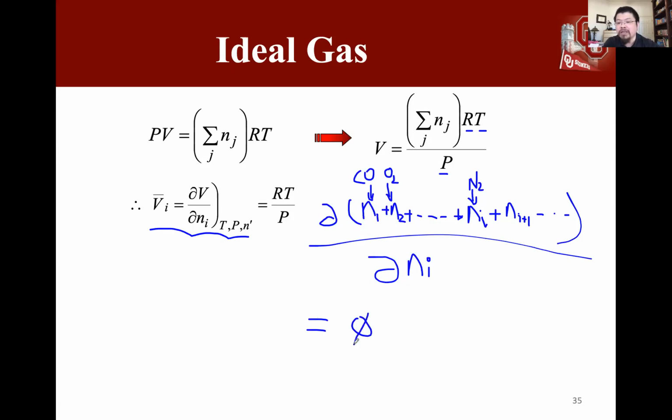They are independent of each other. So I'm going to have lots of zeros because those species are independent of each other. The only non-zero term would be this one, right? dNi over dNi is 1. All the other terms would be 0.